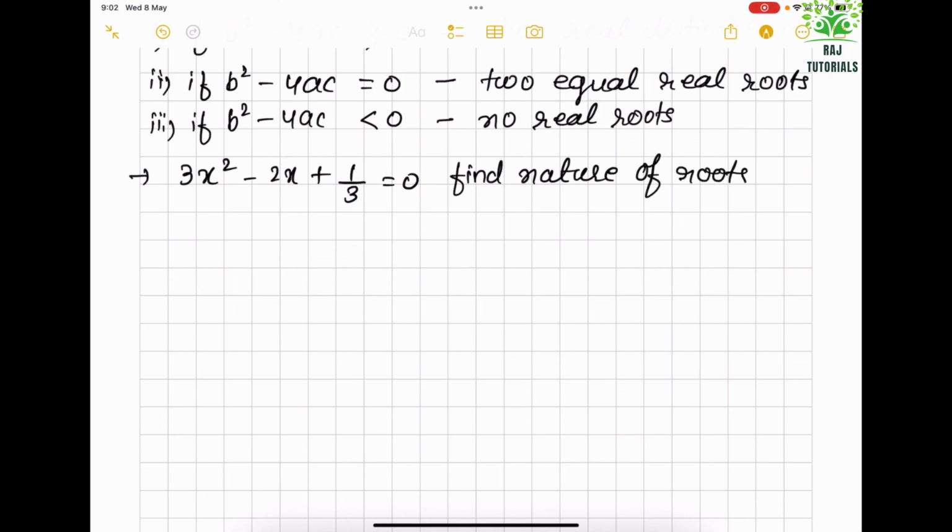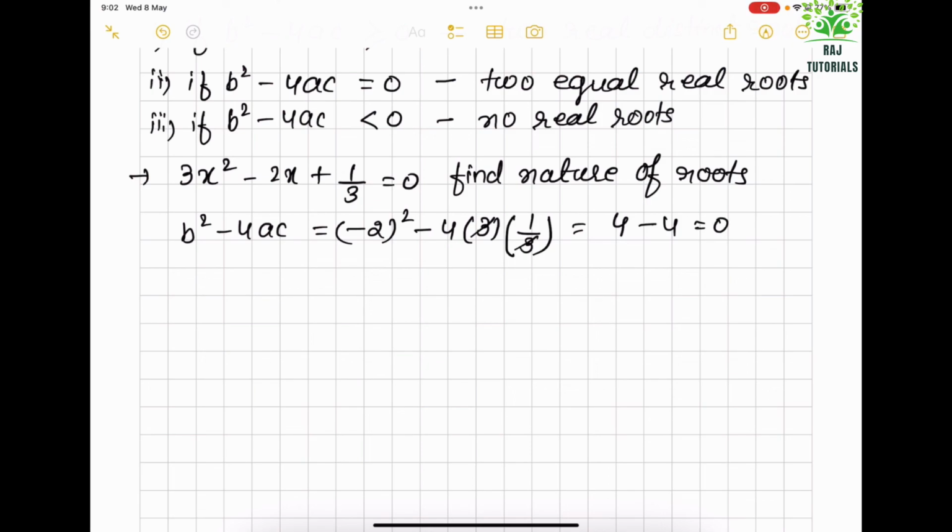First I have to check b square minus 4ac. So b is minus 2, so minus 2 whole square minus 4 into a is 3, c is 1 by 3. So 3 cancels, and I get 4 minus 4, that is 0. So this will be the second condition. So what can I write? Two equal real roots.